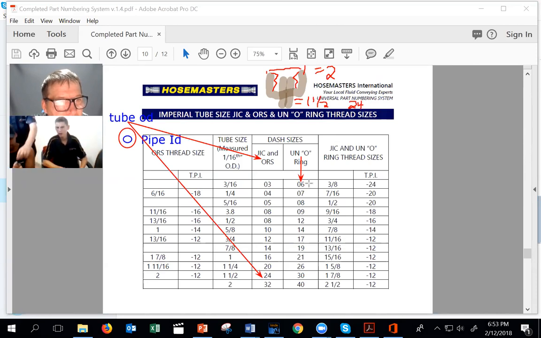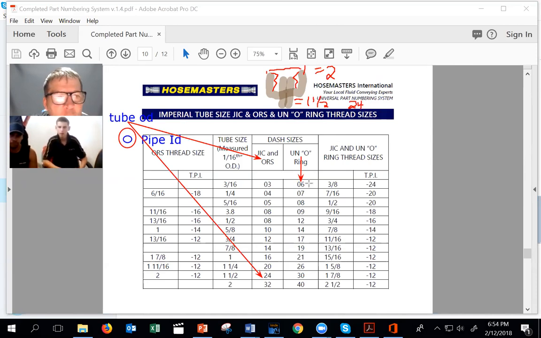So just to clarify then, Kelly. It's actually about the difference between JIC and ORS and the U and O rings, pretty much the way it fits. Yes, that's exactly correct. It's not so much the way it fits, it's the way it anchors. Okay, it anchors, then it seals.